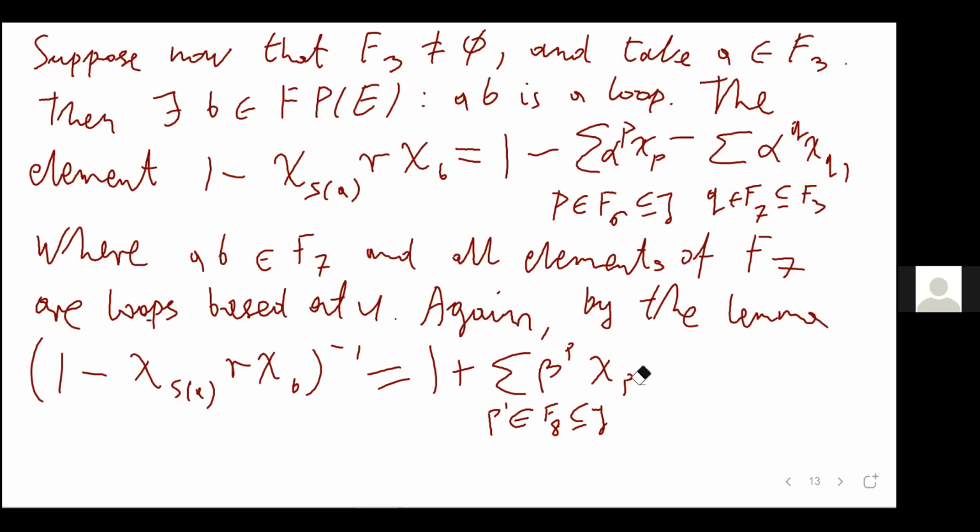And now I have to take the other part of the sum. So now I take Q primes running over F9, which is now a subset of the paths less J union vertices. So here I have a part which is spanned by vertices. Here I have a part which is spanned by J, and here I have all the rest. So things that are spanned by elements that are neither in J nor in the set of vertices.